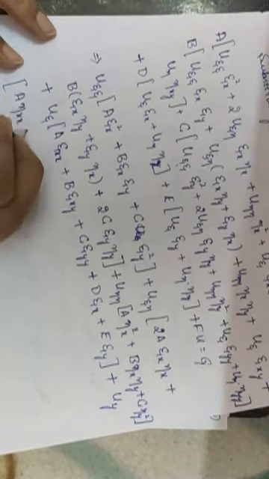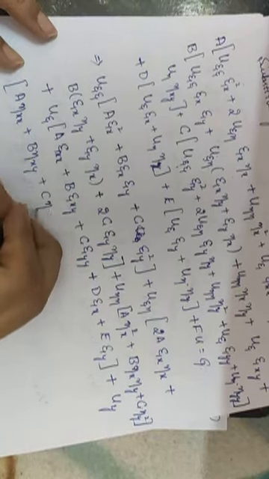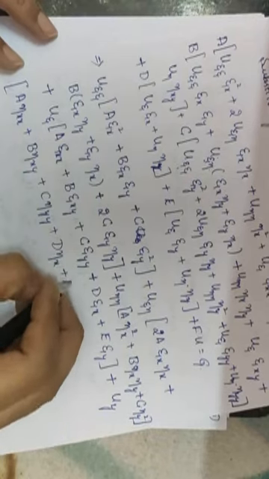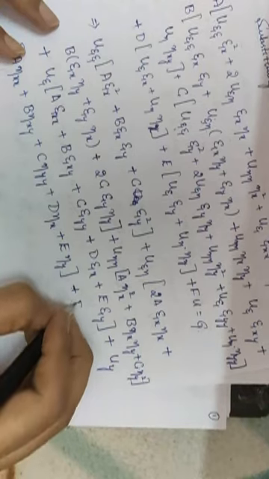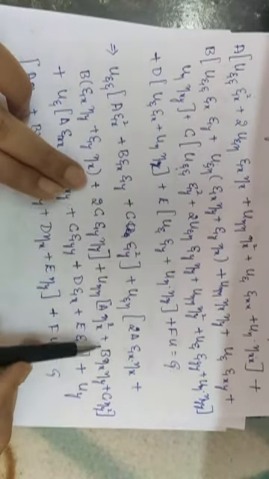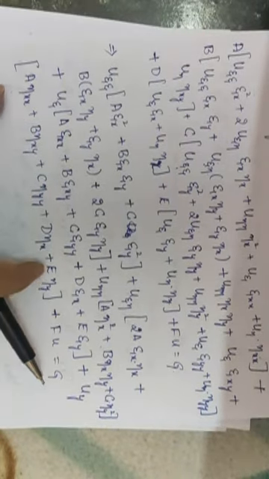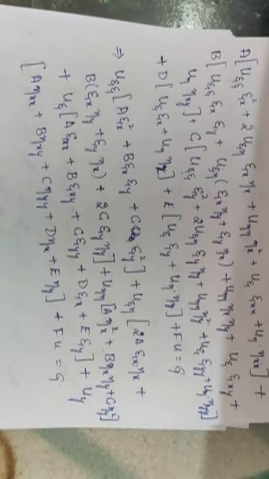You will get a eta xx plus b eta xy plus c eta yy plus d eta x plus e eta y, and f u as it is equal to g. Now this is my a bar, this is my b bar, this is my c bar, this whole thing is d bar, this is e bar, and f is equal to f bar, g is equal to g bar.